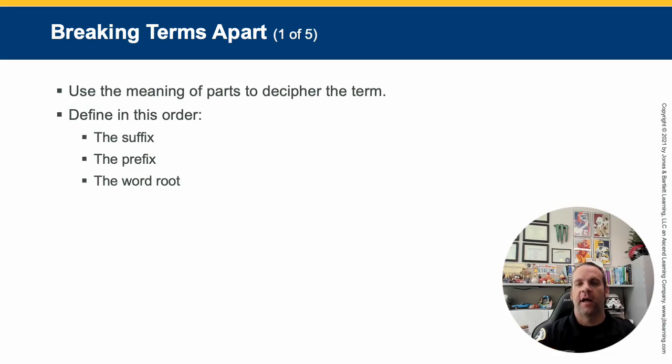For example, let's take the word nephropathy, okay? If you know that pathy means disease and nephr relates to the kidney, you can determine that nephropathy means disease of the kidney. Okay, so you don't have to memorize every possible medical term out there. You just have to understand how to deconstruct them using this specific strategy.